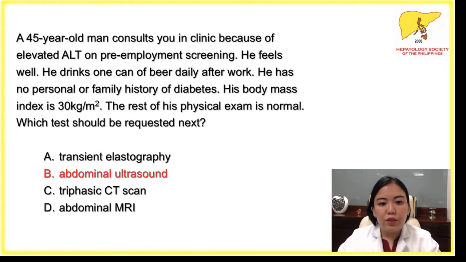So, to answer a clinical question posed earlier, abdominal ultrasound is the diagnostic of choice for the obese, asymptomatic man with elevated ALT. Abdominal ultrasound is relatively easy and inexpensive and should be requested ahead of other tests that pose more risk to the patient or entail significantly larger costs.